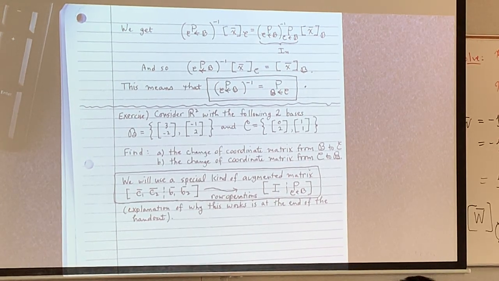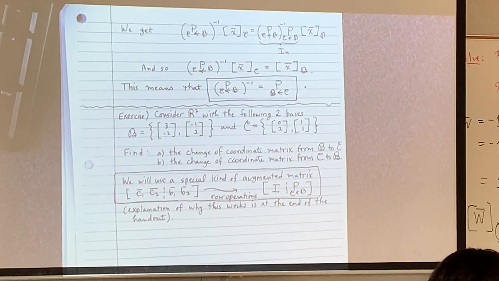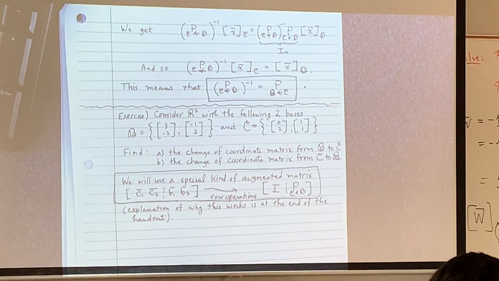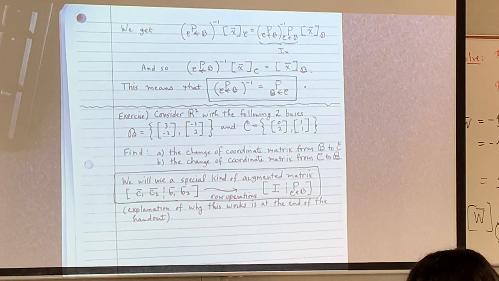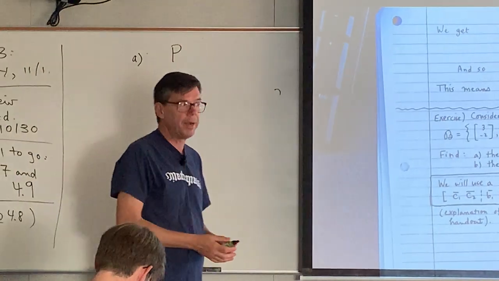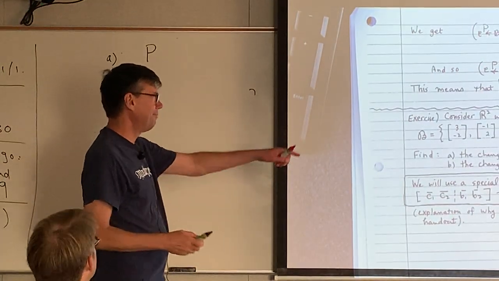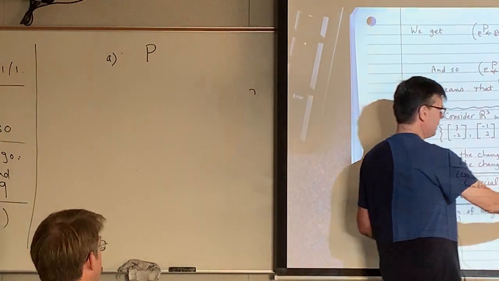Before I turn the projector off, I'm going to write down what I'm supposed to do. So in A, we want to find the change of coordinate matrix from B to C. A good test question would be, can you even write down what that is, right? Can you write down the notation? It's a P, and I know it's kind of silly, but not that silly.